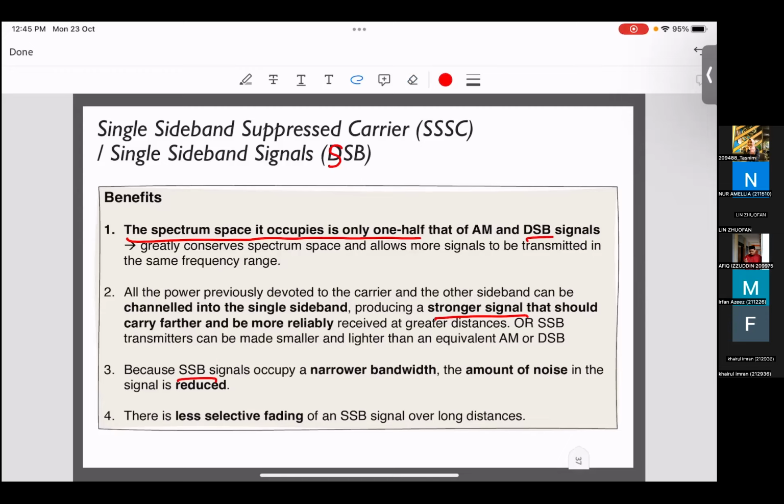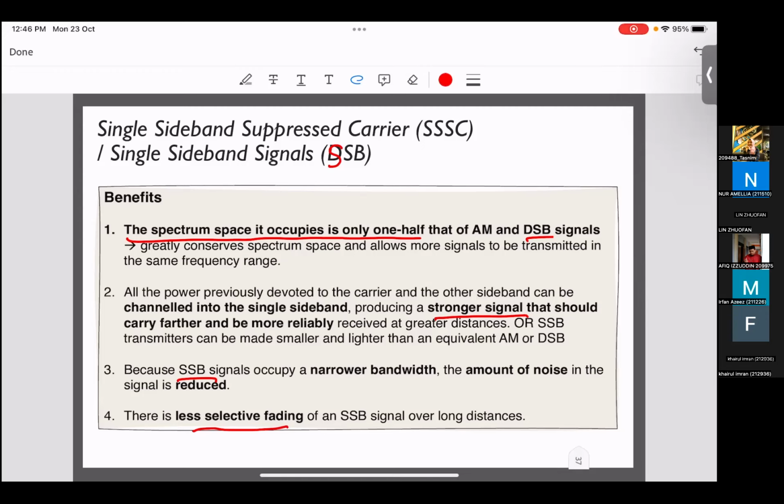Okay. And there is less selective fading of an SSB over long distances compared to a standard AM, whereby we have carrier, we have SSB, we have harmonics. When it reaches the receiver, some of the signals have different phases, meaning to say they arrive at the receiver at different times, and sometimes because of that, they get lost.